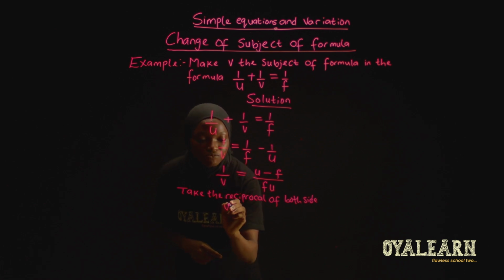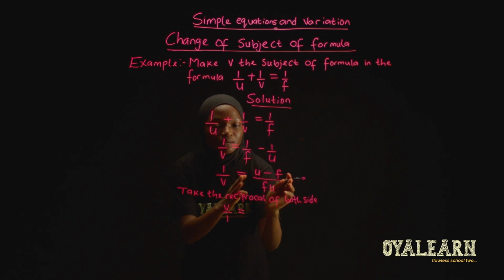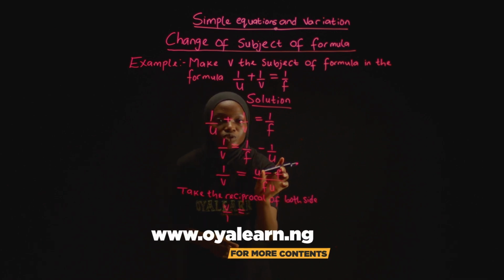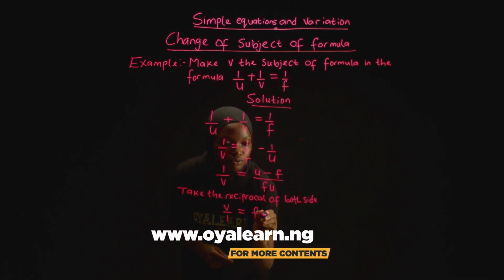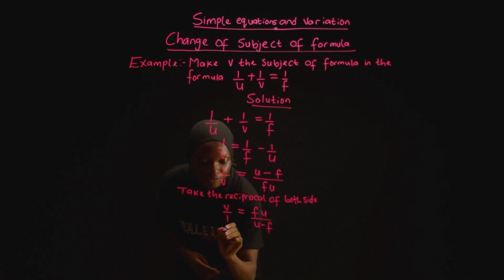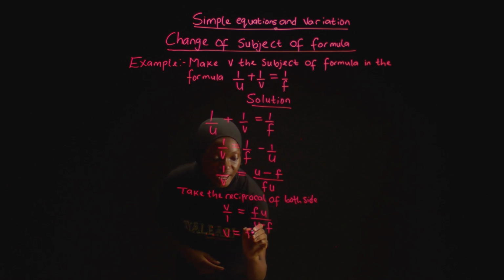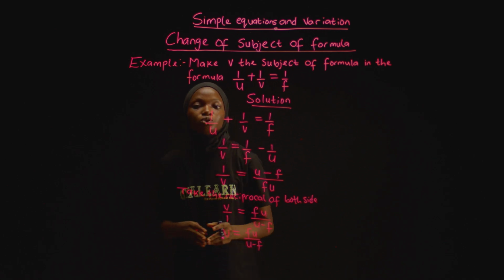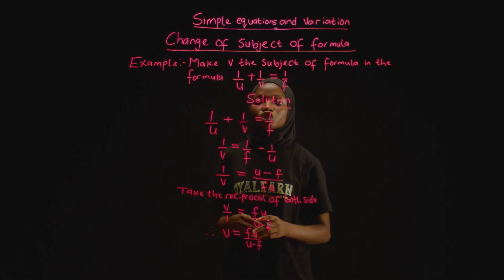So we have v over 1 equals, same thing to the other side, the denominator becomes numerator, numerator becomes denominator, fu over u minus f. And v over 1 is the same thing as just having v. So therefore, v equals fu over u minus f. And by so doing, we've made v the subject of the formula.